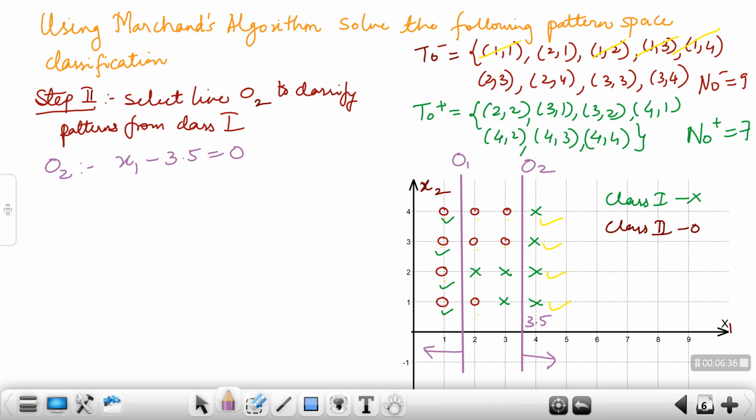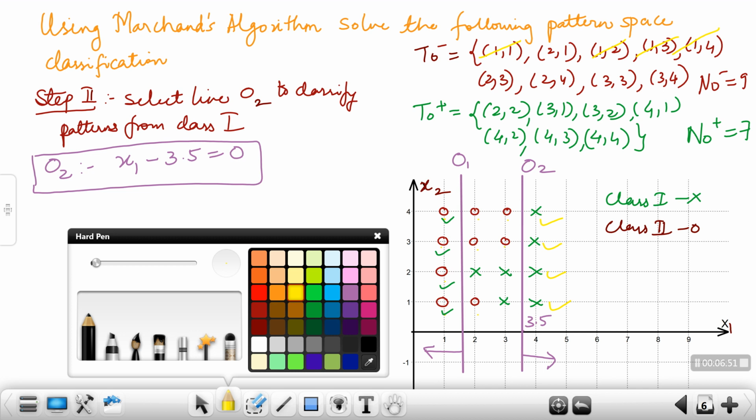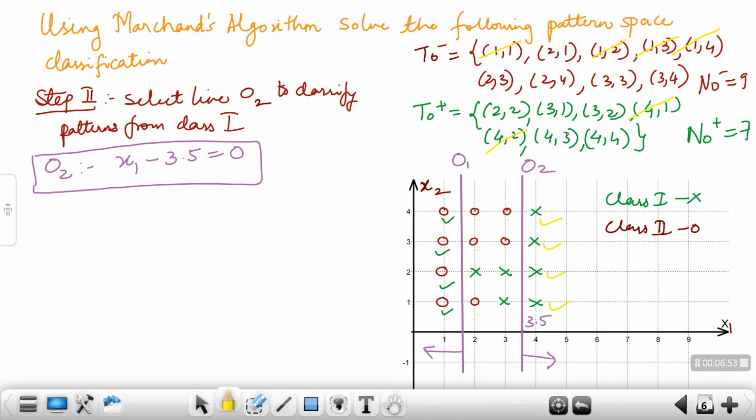No, not lying in this region. So we can stick with this equation. This equation is fine. Now what are the points which are getting classified here? The points getting classified are from T0 plus. We have these 4 points, (4,1), (4,2), and so on; all these 4 points are getting classified.